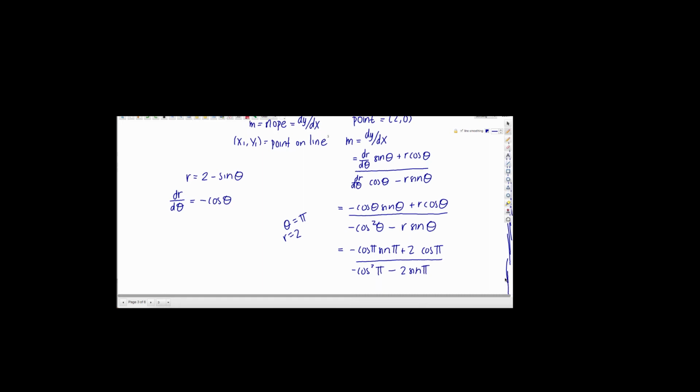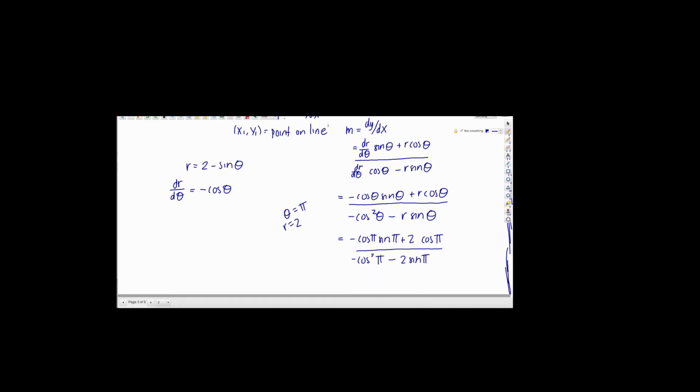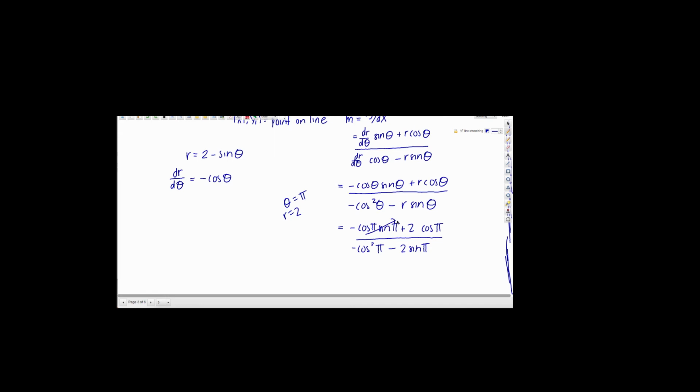So now doing our calculations, sine pi we know is equal to 0, so terms with sine pi go to 0, and we get 2 cosine pi, which is minus 2, over cosine pi is minus 1. Square it and we get 1, and then it has a negative in front, so we get over minus 1, which is equal to 2.